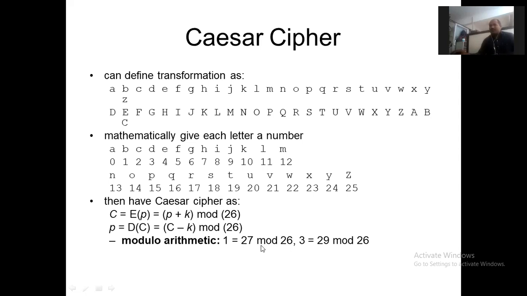The mod is nothing but modular arithmetic. If I divide 27 by 26, the remainder is 1. Again, 29 divided by 26 gives a remainder of 3. So the remainder value is what we consider for modular arithmetic.